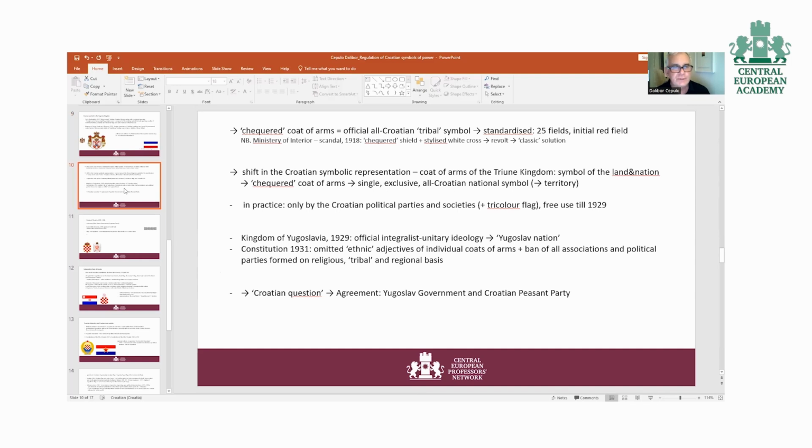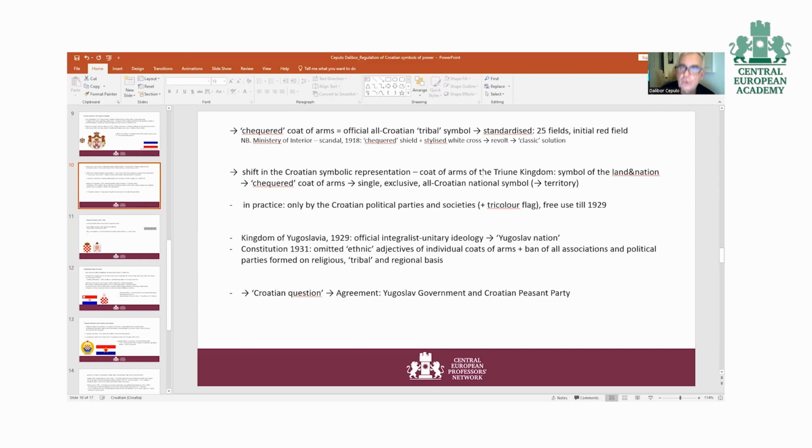This was quite an important thing, because for the first time the Croatian checkered coat of arms, which was already used as the Croatian national symbol, was accepted as the national, well, tribal symbol of the land, officially standardized with 25 fields, with the initial red field, and so on.